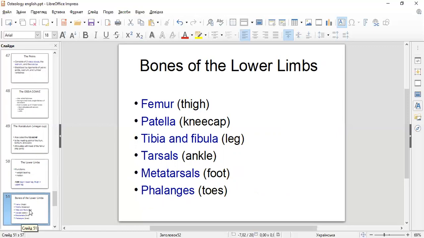Bones of the lower limbs: femur, thigh, patella, kneecap, tibia and fibula, leg, tarsals, ankle, metatarsals, foot, phalanges, toes.